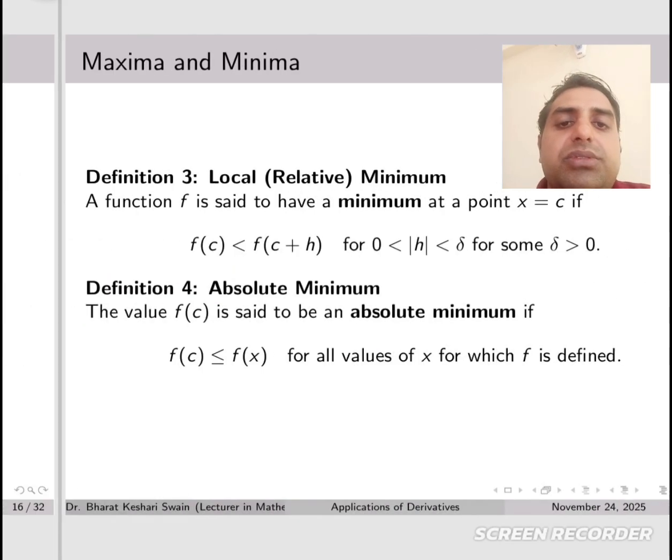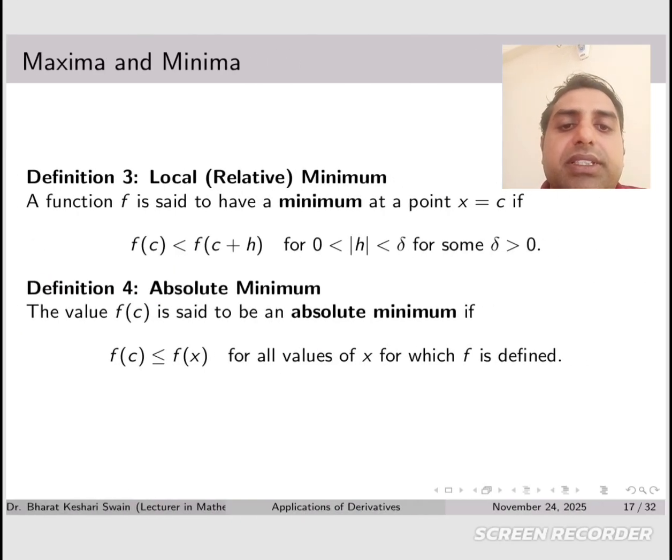Next come to another definition for the local minimum and absolute minimum. This is just opposite to the definition of absolute maximum and the local maximum. So what is the definition? A function f is said to have a minimum at a point x equal to c if f(c) less than f(c plus h).